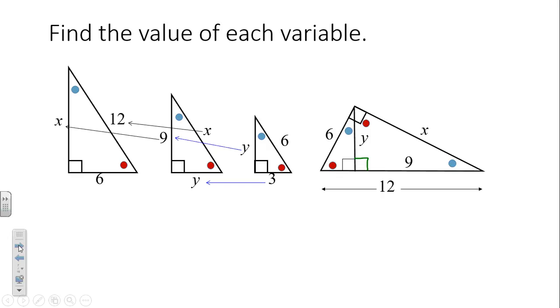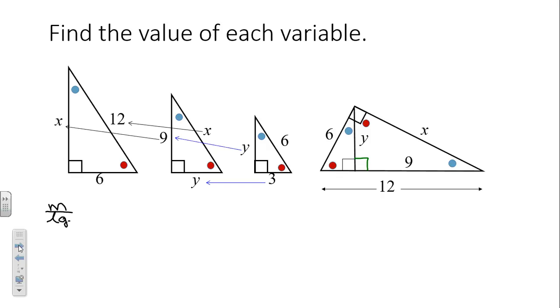All right, so does everyone see that we now have y's in the medium and small, and we have x's in the large and medium? So which one do we want to find first, x or y? X. Okay, so if we're working with x, we want to say large to medium or medium to large? Medium to large, mama bear to papa bear.